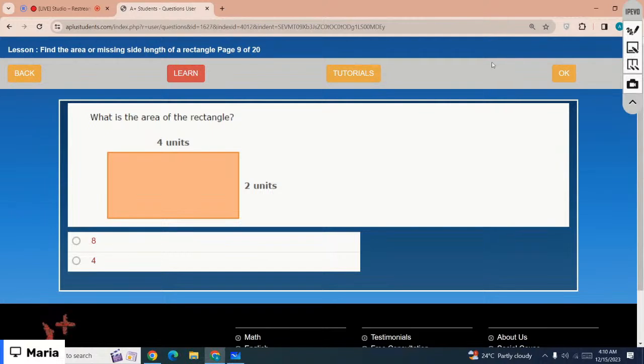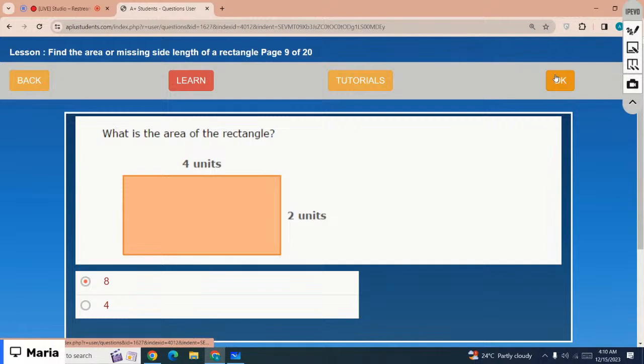The correct option is 4 times 2, that is 8 units.